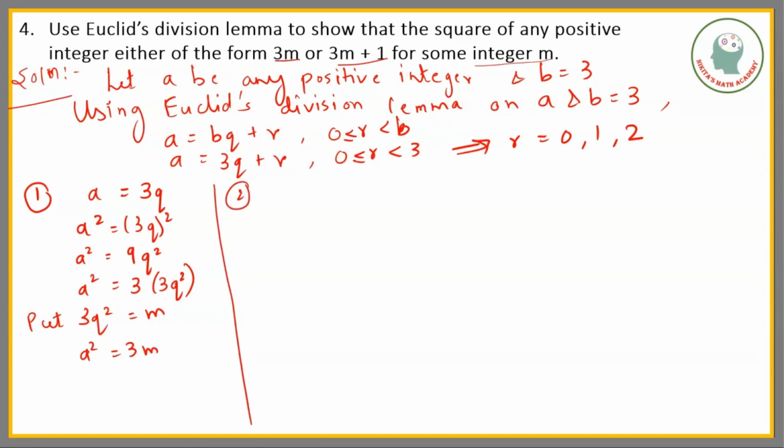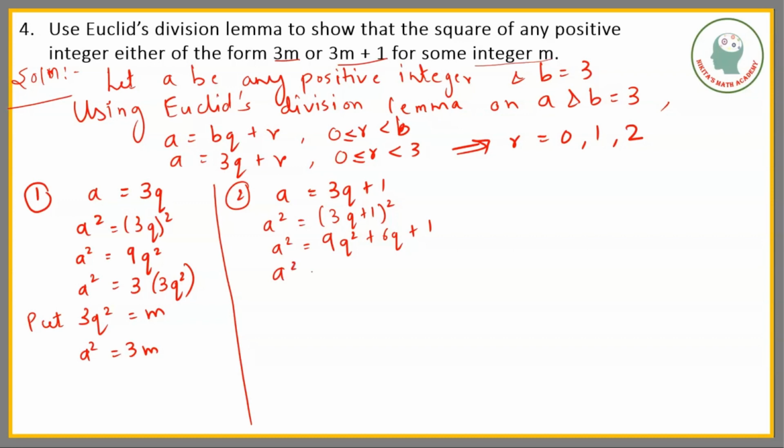Now let's take case number 2, when the value of r is 1. So we have a equals 3q plus 1. Let's take the square: a squared equals (3q plus 1) whole squared. So this will be a squared equals 9q squared plus 6q plus 1. We have used the (a plus b) whole squared formula.